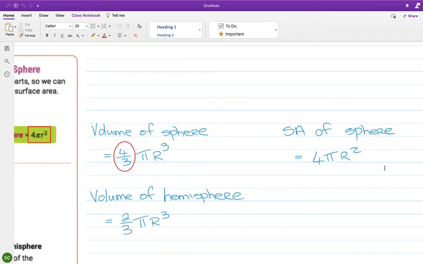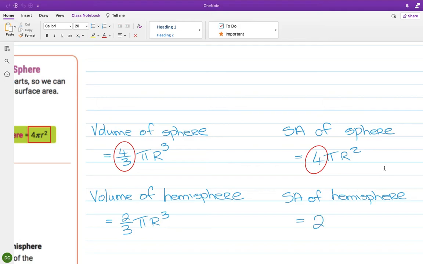Now, a hemisphere, the surface area of a hemisphere. Same deal. You just have to half it. So it's 2 pi r squared.